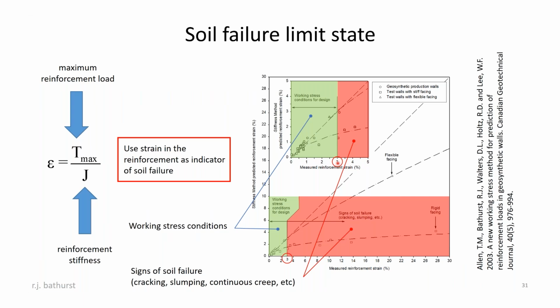So this became the critical strain that we must not exceed in order to satisfy this so-called soil failure limit state. And this is only applicable to the stiffness method and for the case in which we have extensible polymeric reinforcement. It doesn't apply to steel reinforcement.